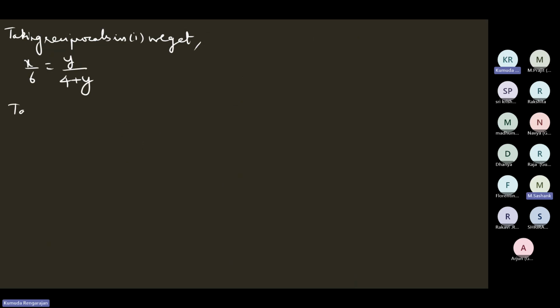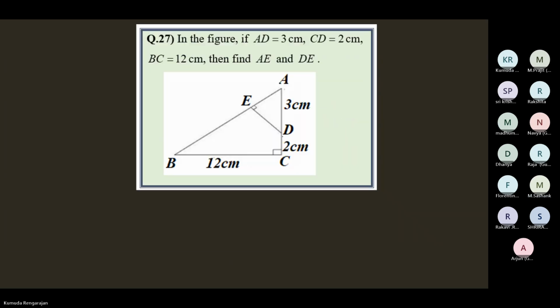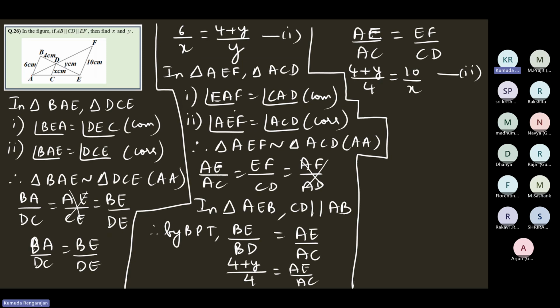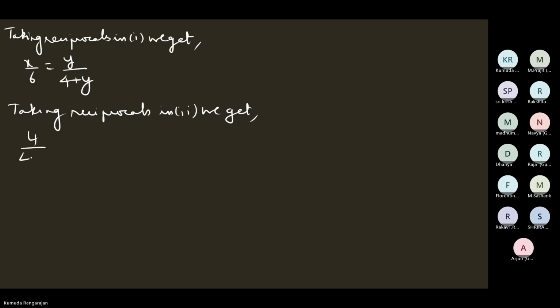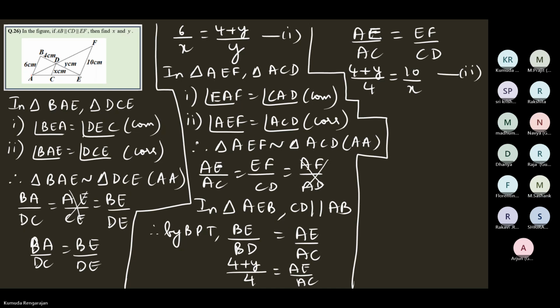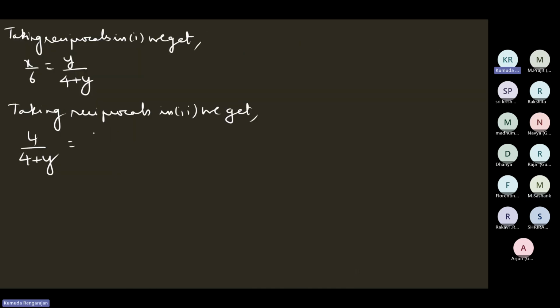And then taking reciprocals in 2, we get 4 by 4 plus y is equal to 10 by x, or 10 by x is equal to 4 by 4 plus y.